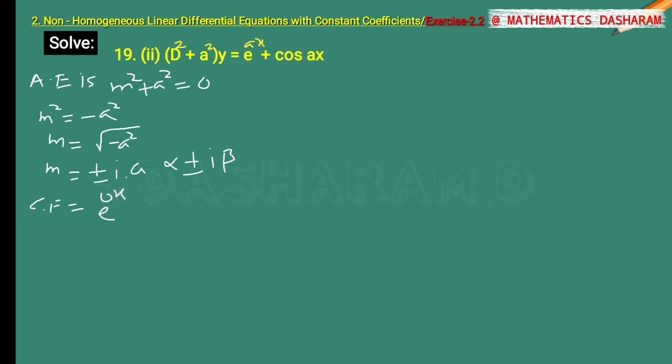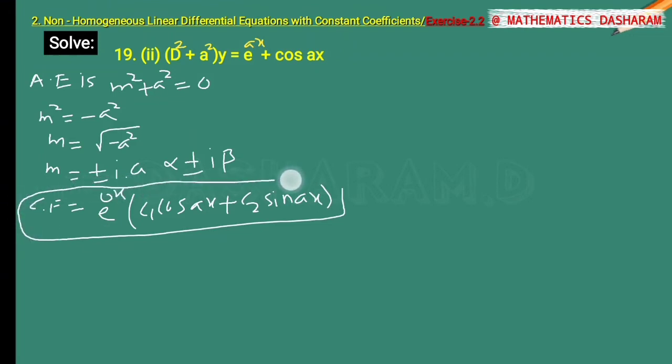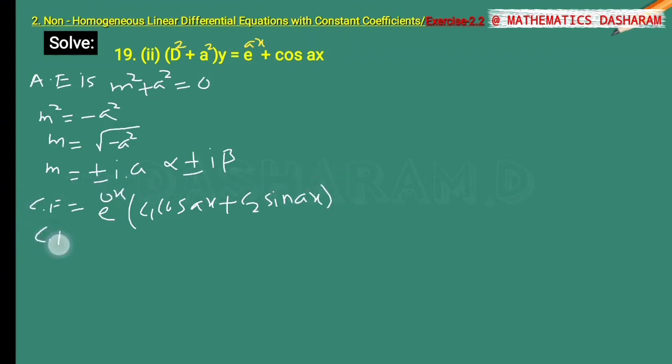The complementary function is e to the power of alpha x into c1 cos beta x plus c2 sin beta x. So e to the power of 0 into x is 1, then c1 into cos ax plus c2 into sin ax.